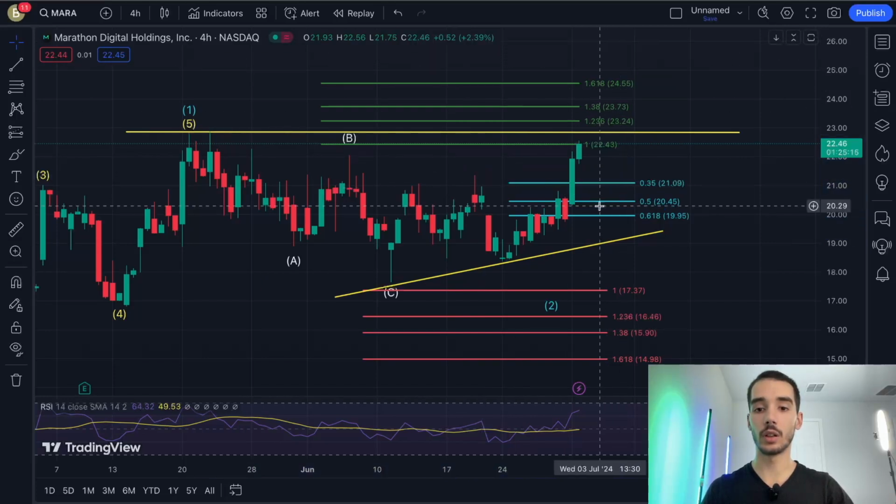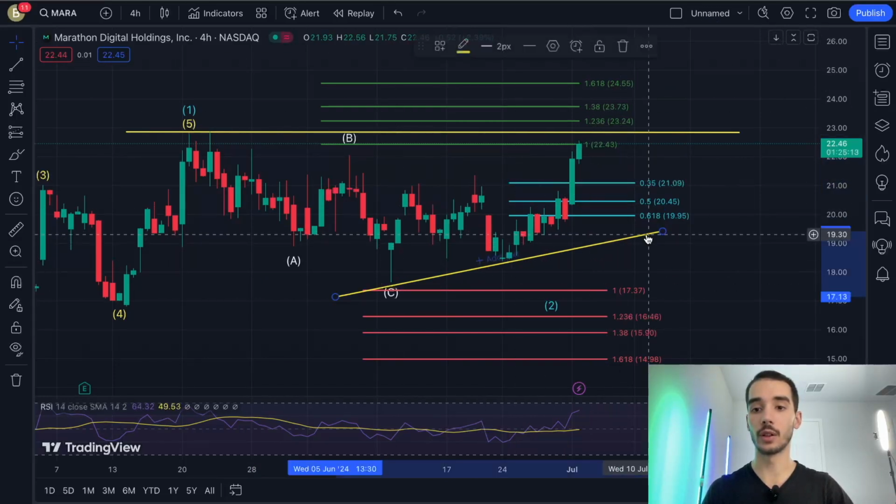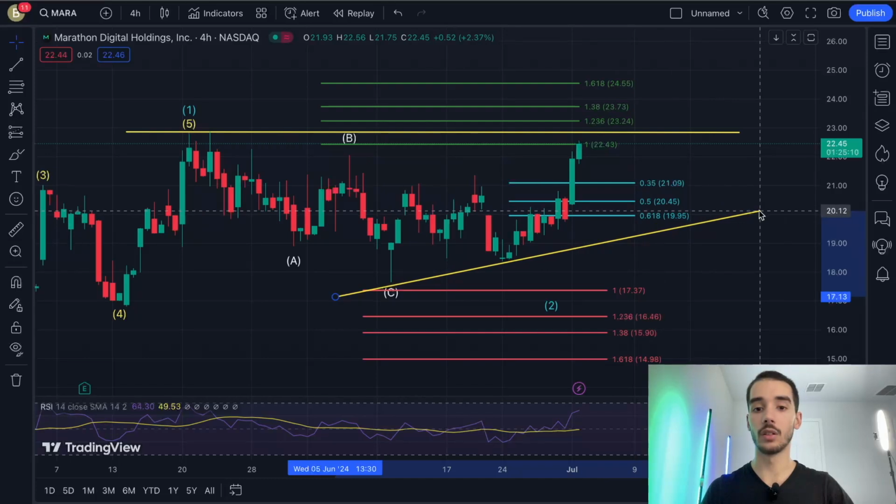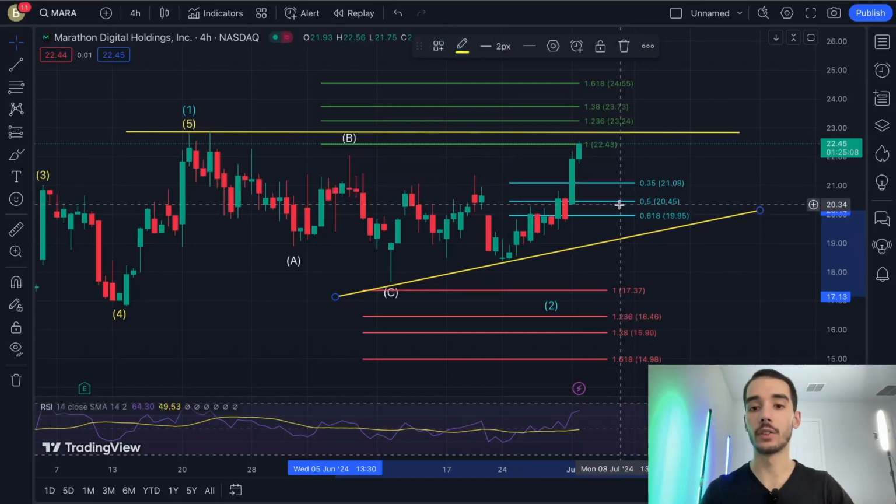So in this case, we can remove this, and we can keep this uptrend as solid support. We have our short-term retracement support.